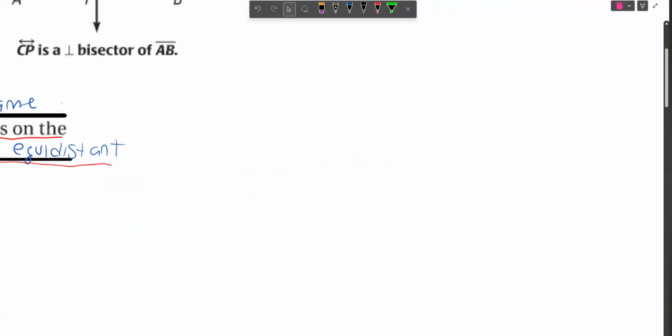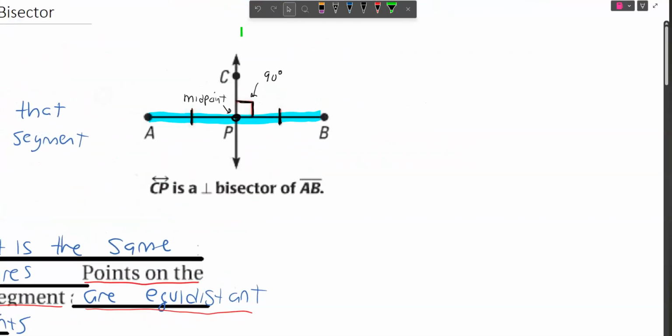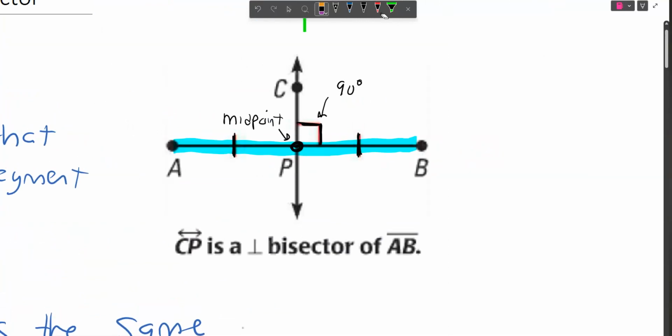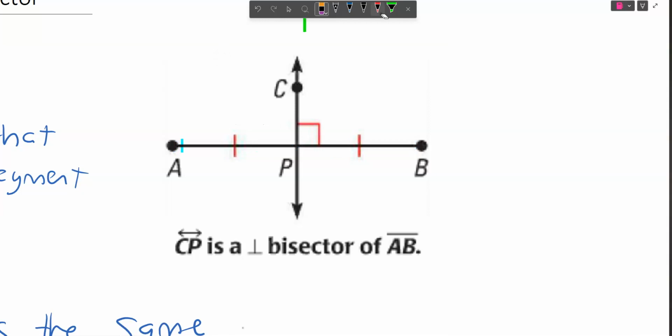Now, that's a pretty powerful relationship, because if I go back to this drawing here, and let me just erase some things so I can emphasize this, the perpendicular bisector is this line denoted with C and P, so line CP. This is my perpendicular bisector.